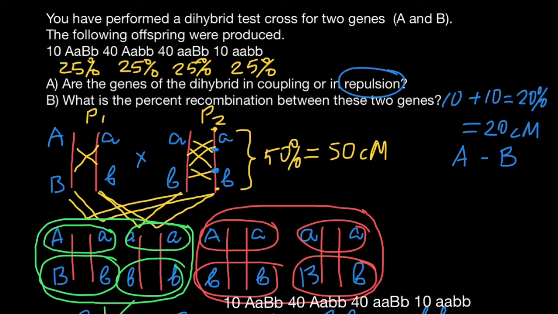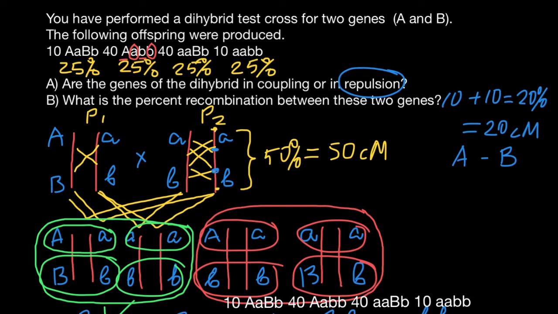And now the shortcut method, as I said, you can solve this problem in seconds. So these two highest numbers represent parental genotypes. And the genotype is going to be as follows: capital A and small b for one chromosome, and another one comes from the test cross from the second parent, small a, small b, you know it.